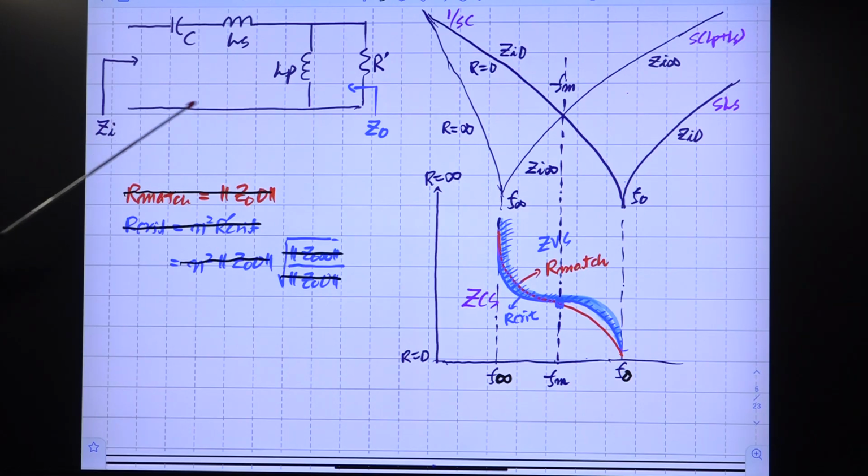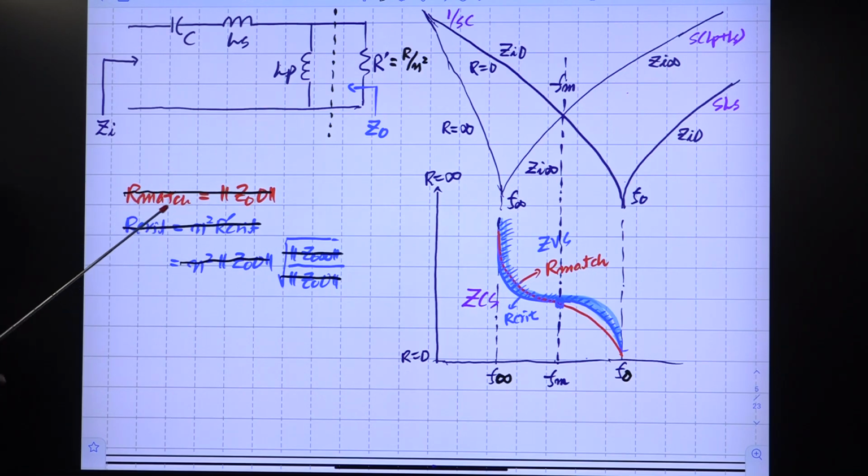We have R prime and R. R prime is this one. Just because of the presence of the transformer, R prime is given by R divided by N squared. So if we consider this as an inverter circuit or inverter model, then everything should be expressed as R critical prime.